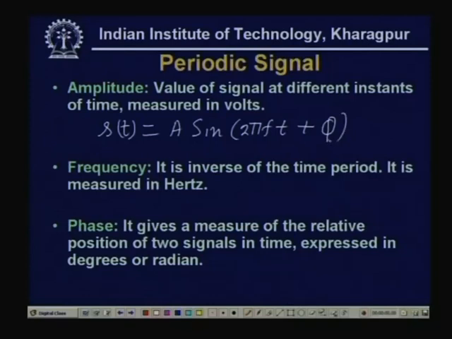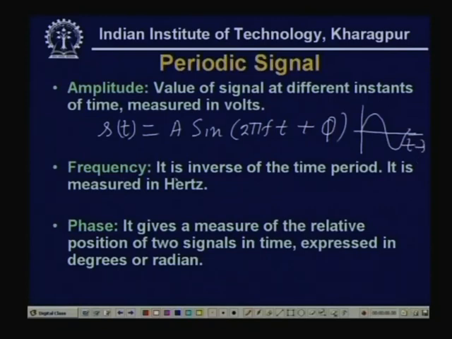This is the representation of a sine wave, and as you can see here, A is the peak amplitude, and obviously with time this amplitude varies. For example, as you have seen earlier, it varies like this. Although this is the peak amplitude, with time it is varying because of the factor multiplied with it. So, the amplitude varies with time.